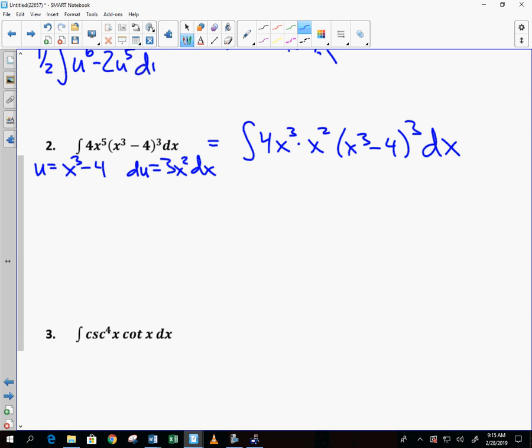That must be challenging, but we can do it. Okay, I don't have a 3x squared. I have a 4x squared. So what are you going to do? Multiply by 4/3. We'll divide the 3 off. We'll multiply through by 4. So 4/3 du is equal to 4x squared dx.